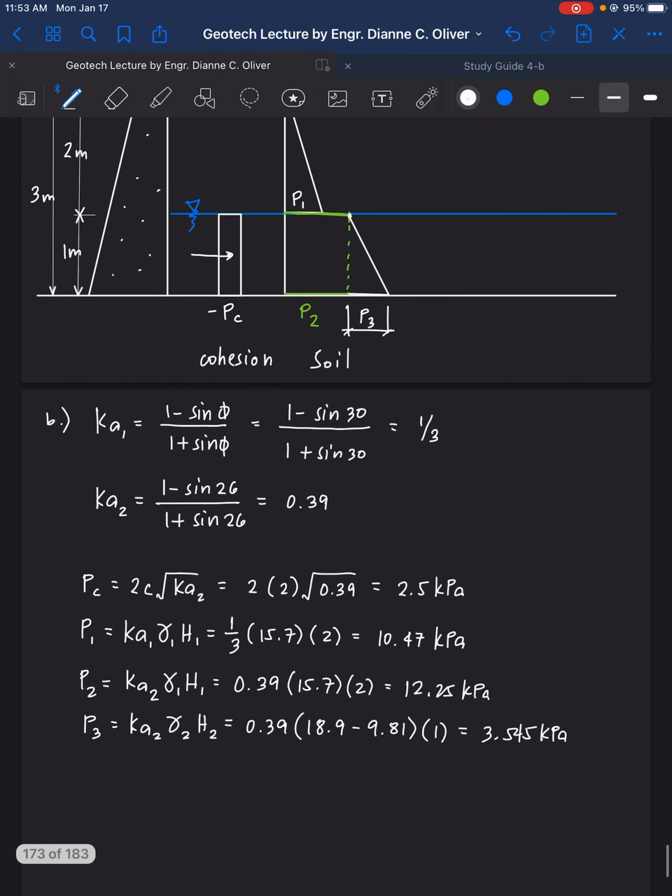Next, we have the water. For water, it's also uniformly varying. Let's put it here. So let's put it P water.